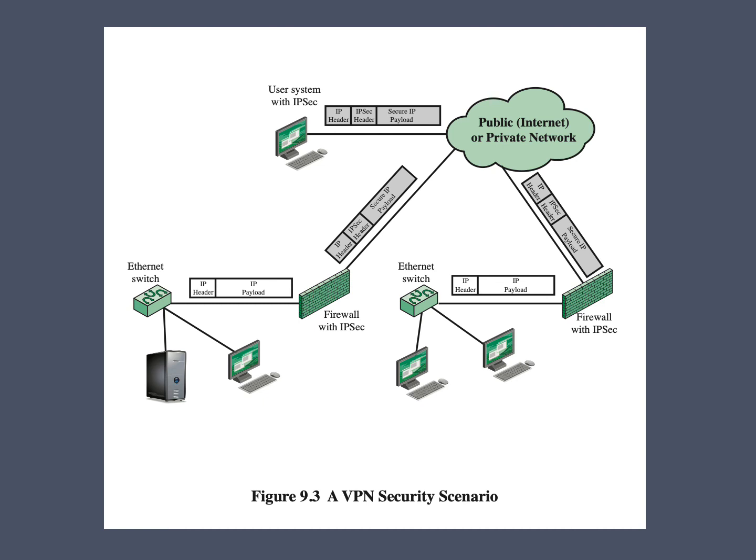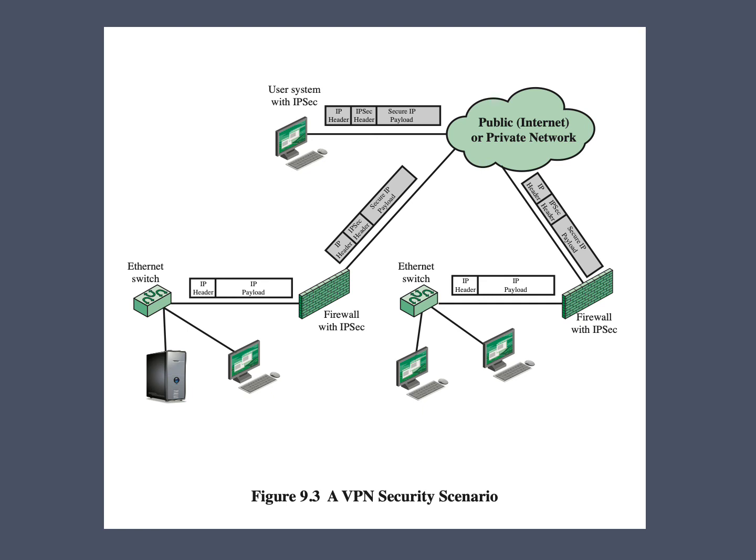If I am at home and I want to talk to my database server at my company, I would set up a virtual private network, a VPN. My laptop computer has all the encryption algorithms, and when my computer wants to talk to a database server at my corporate site, I would be authenticated by a VPN server.